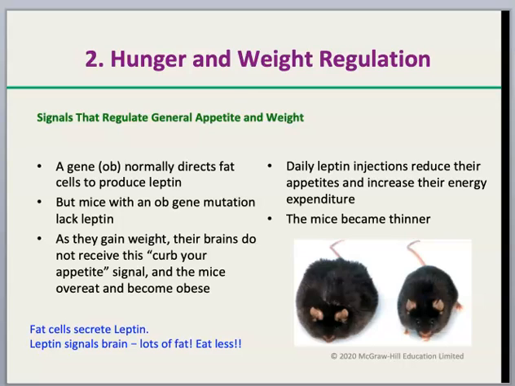So as they gain weight, their brains don't receive this signal to stop, and they just keep eating, and eventually they become obese. So without leptin, they'll keep eating. Then what they did was inject the rats, I believe it was 3 times a day, with leptin. And what happened was their appetites were decreased and their energy levels increased, and the mice became thinner.